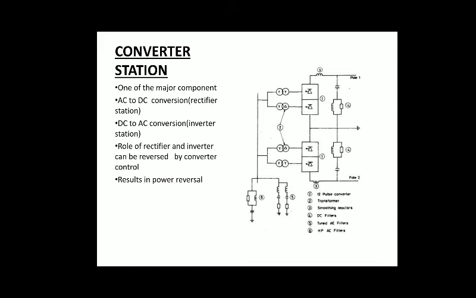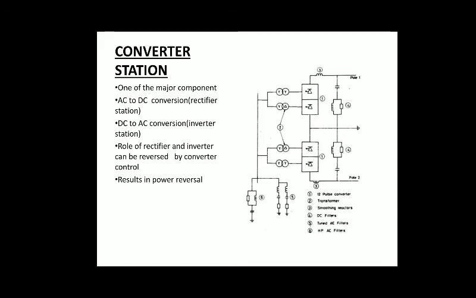After that we have inductor and capacitor working as filter. And what is the inductor doing? Like number 3, I am talking about number 3. Number 3 inductor is called the smoothing inductor, and number 4 is a DC filter.